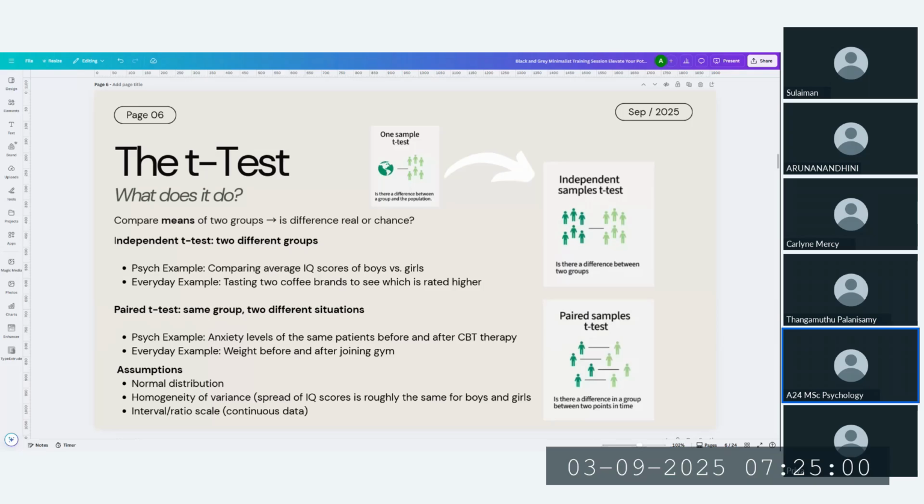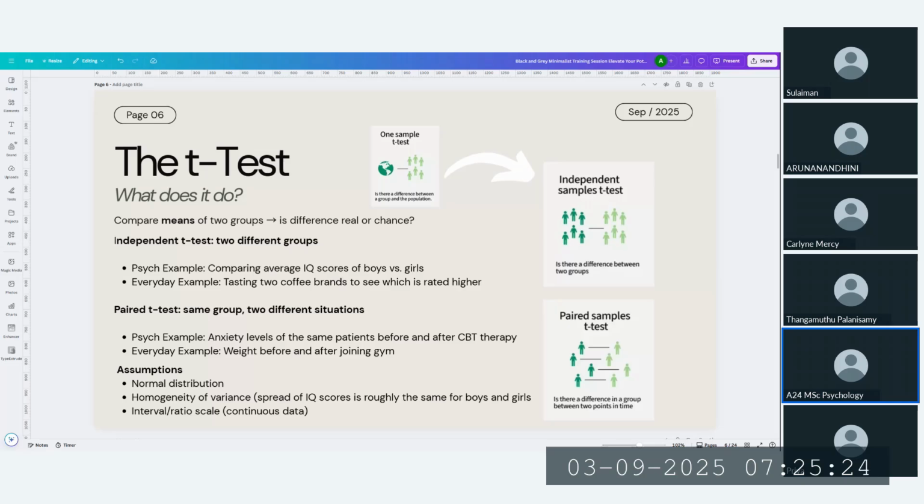An everyday example is you taste two coffee brands to see which one is rated higher, and you give a rating on a scale, and you compare the average score across many people. So independent t-tests will check whether there is a real difference in the average IQ.